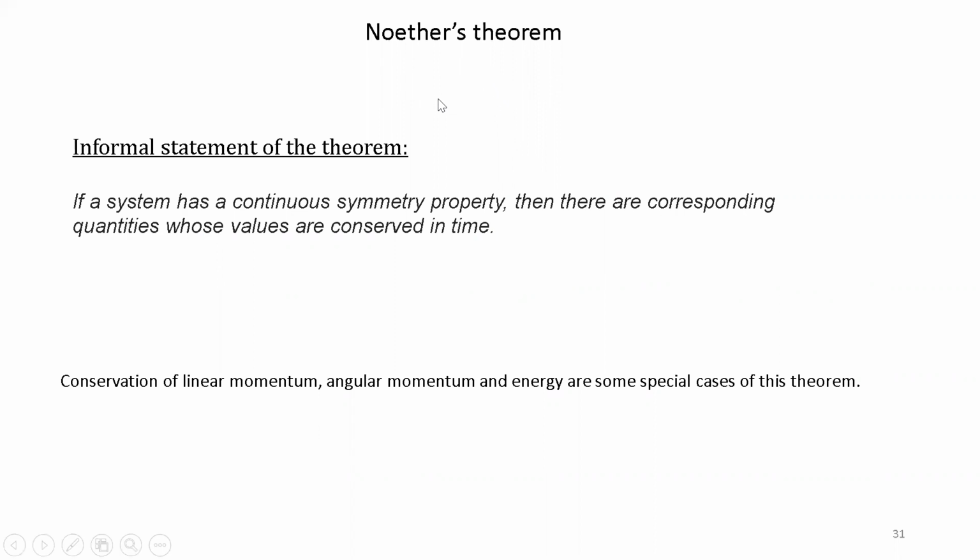We are not really going to talk about it in detail in this course. But within one sentence, what this theorem says is that if a system has a continuous symmetry property, then there are corresponding quantities whose values are conserved in time. So spatial translational symmetry gives the conservation of linear momentum, rotational symmetry gives the conservation of angular momentum, and time translational symmetry gives the conservation of energy.